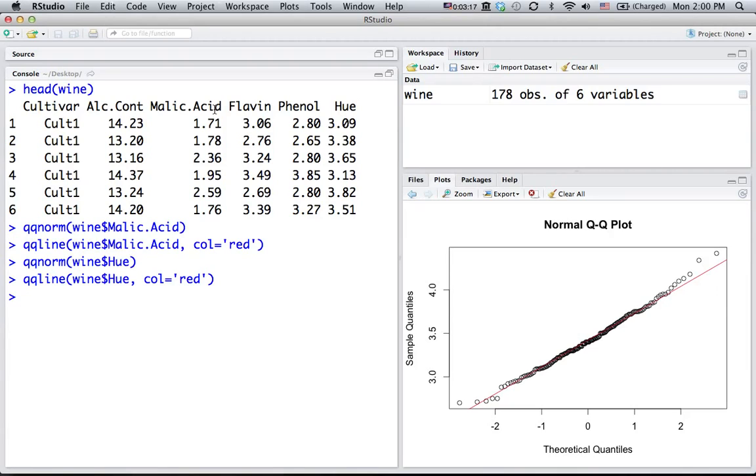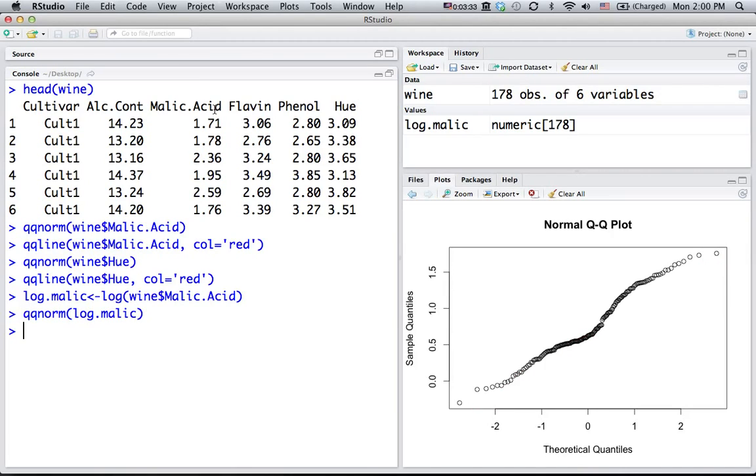So first we'll make a new variable called log malic, and we'll save to that the log transform values of malic acid. And now we'll make a QQ plot of log malic, and then add on our QQ line for log malic, color equals red.